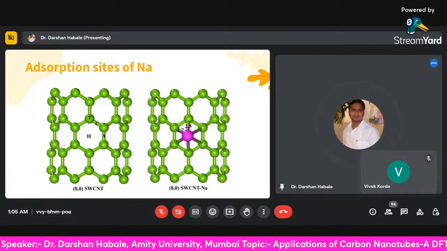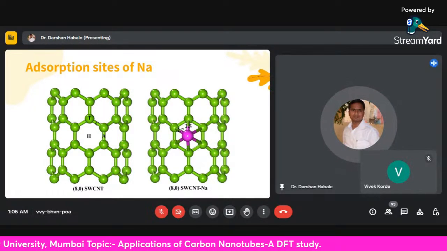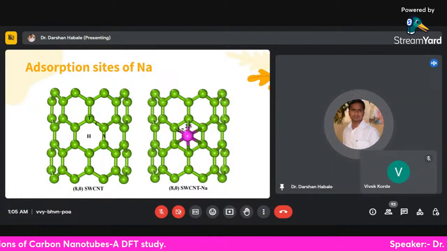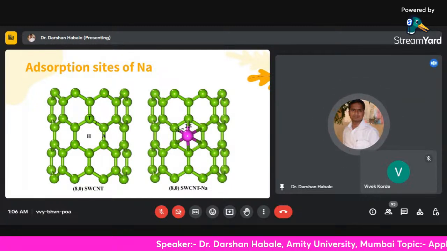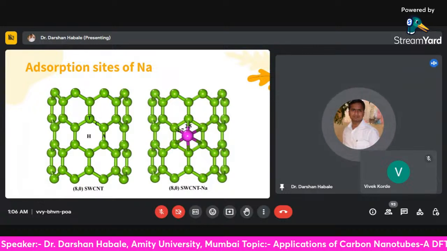So now let us try to understand the modification done over here. Here we place a sodium atom. The purple color atom is the sodium atom, and the green color atoms are the carbon atoms. This is the (8,0) carbon nanotube, so it is a zigzag type of nanotube.